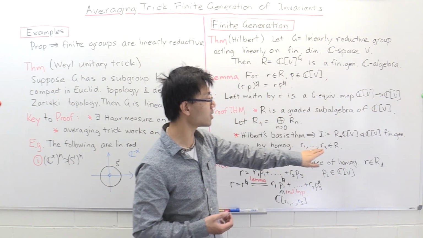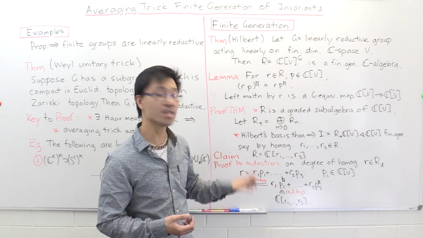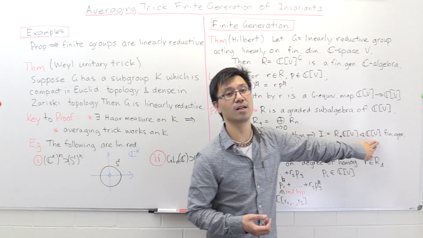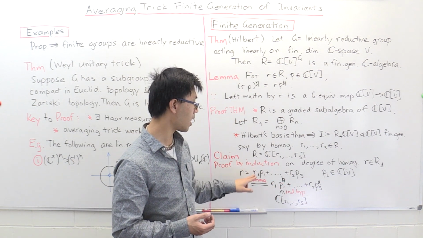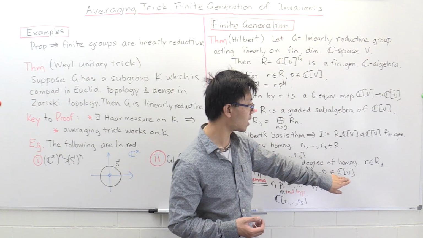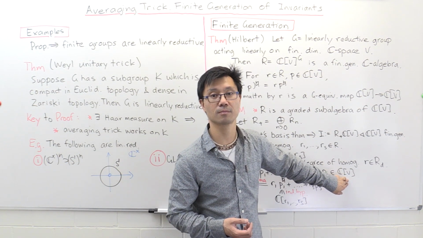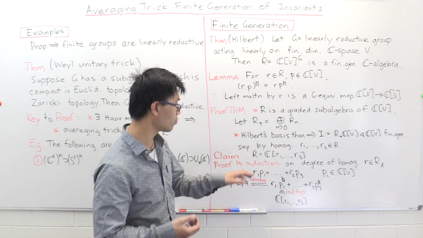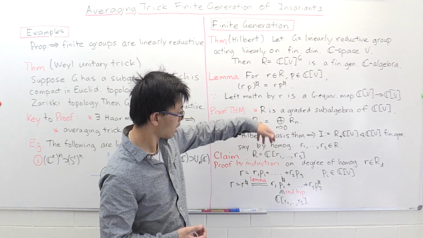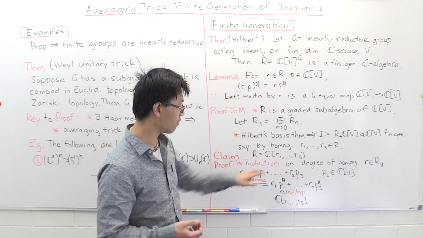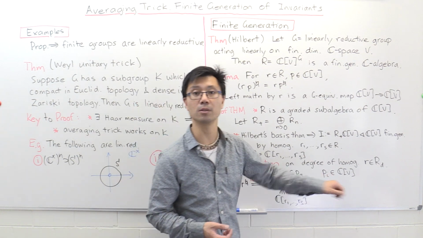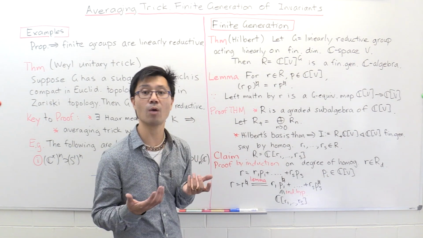So that means that you can write this R as a linear combination of R1 up to Rs, but it's a linear combination with polynomial coefficients. So it's going to be R1 P1 plus all the way up to Rs Ps, where these Pi's are inside this polynomial ring. Of course you want to write this element R as a polynomial in these R1 up to Rs. And unfortunately, these P1 up to Ps are not even inside R at the moment. Okay, so let's see how we do this.